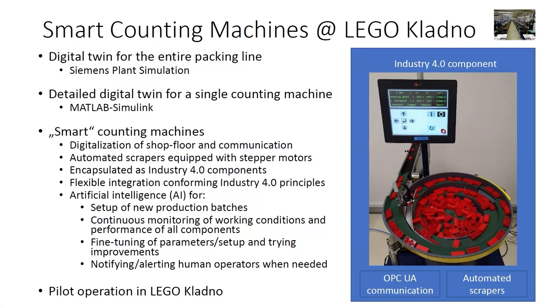We utilized the OPC UA communication for this, because OPC UA is one of the cornerstones of Industry 4.0, and also we had to automate the so-called scrapers, which are the parts that in the past were set up by human operators. So we had to automate this with servo drives or stepper motors.